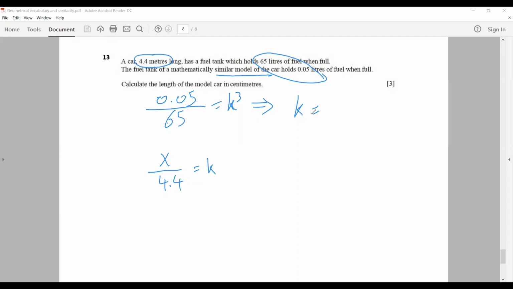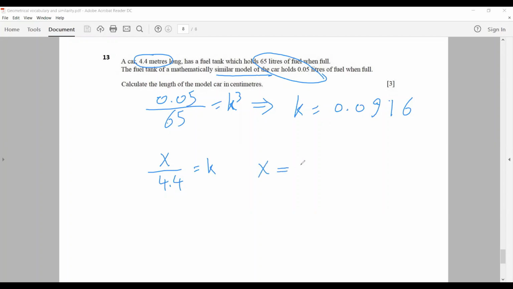The number that you get on the screen of your calculator, don't round it up. Don't do anything to it. Just take the cube root of the answer, and that gives me 0.092. So this is rounded to 2 significant figures. Maybe I better go to 3 significant figures, which is 0.196. Yeah. So now I know the value of k.